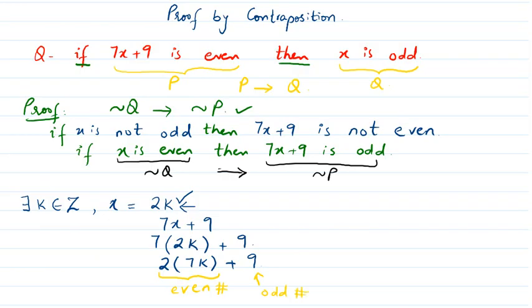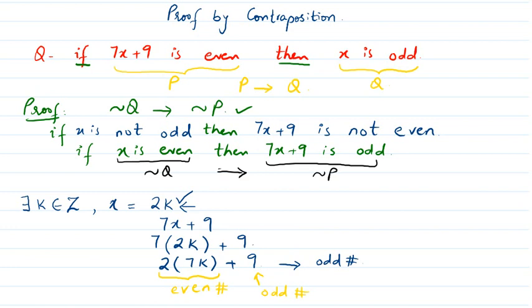So this implies that we are going to have an addition of even number and a odd number. And this is a known fact that addition of even and odd number is always going to result in a odd number. This is a known fact of mathematics कि आप किसी भी even और odd number को add up करते हैं, you are always going to have a odd number. So this implies that 7x plus 9 is odd number.